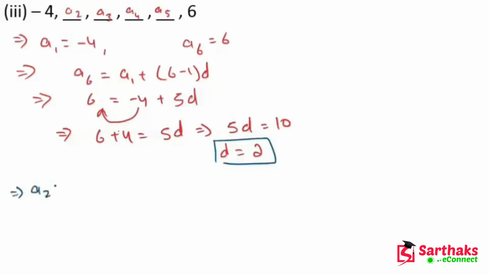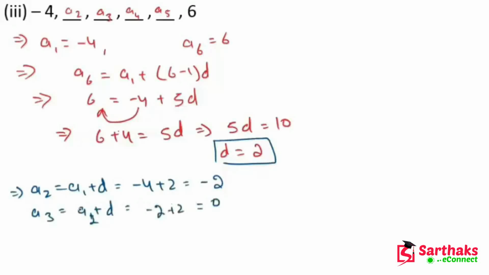a2 is a1 plus d, which means -4 plus 2, we get -2. a3 is a2 plus d, and a2 is -2, so -2 plus 2 means 0.